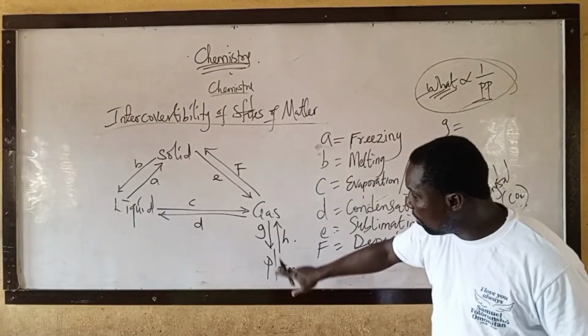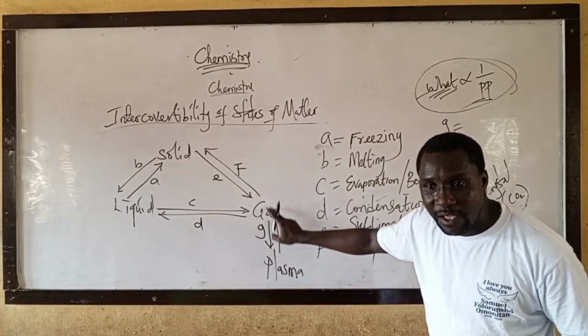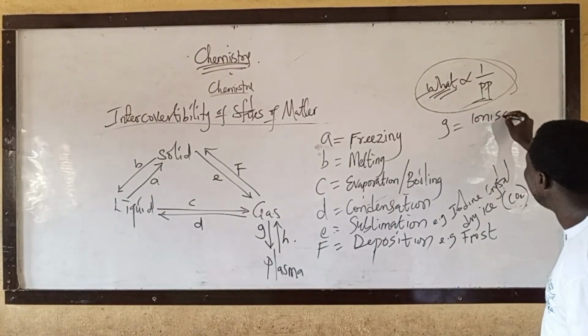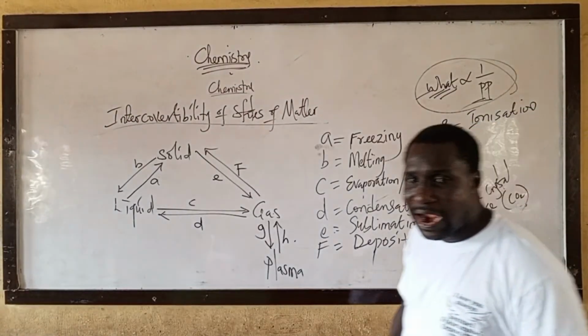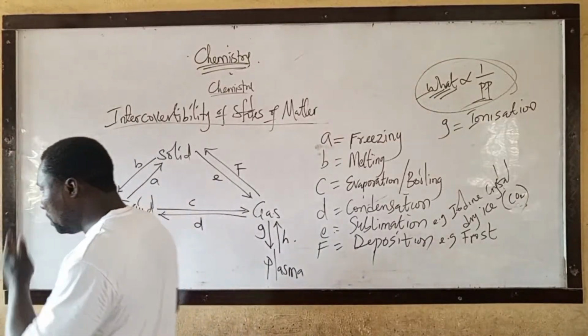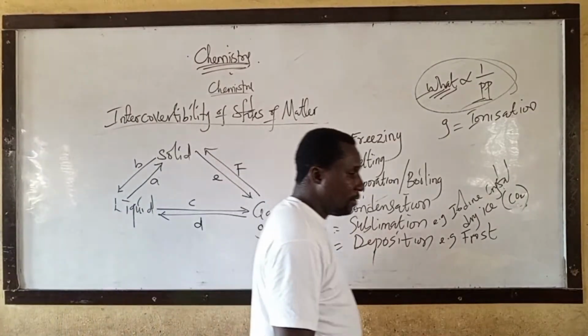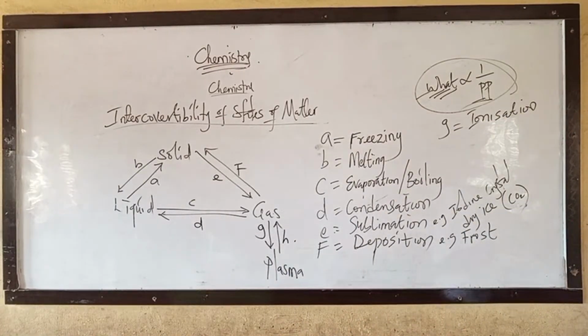Then we have G. G is from gas to plasma. That process is ionization. From gas to plasma, ionization.